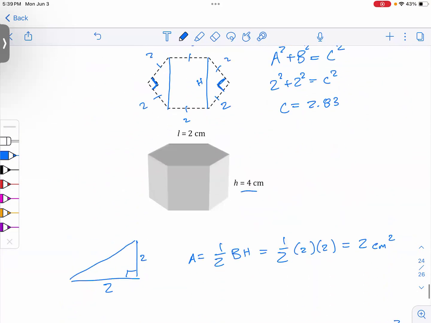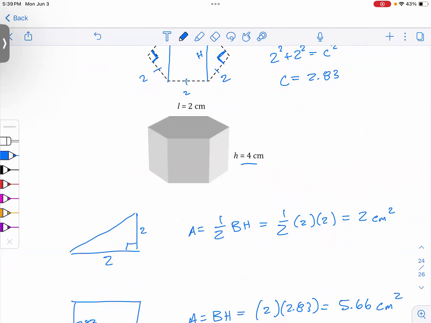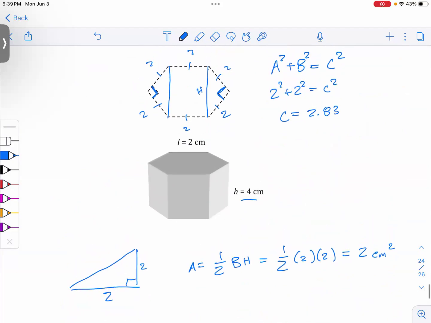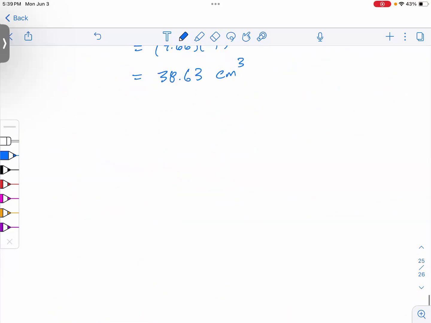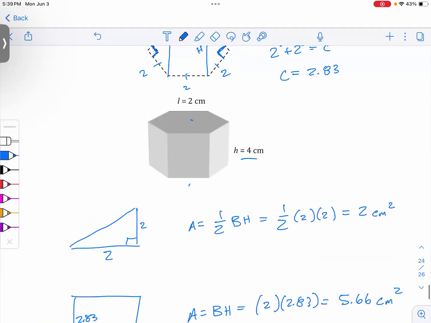The other question was surface area. And the good news, we've already found most of this. So we know the surface area is all the sides. And even though we can't see them, there's a hexagon on top and there's a hexagon on the bottom. So for the surface area, that's 2 hexagons plus all the sides.